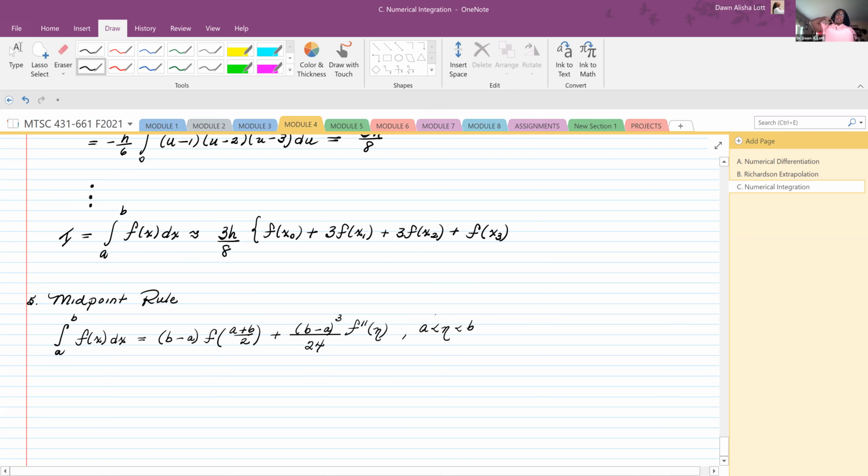So the question now is convergence. As I take this integral and let n increase, we add more and more intervals, does it converge? So let's talk a little bit about convergence.